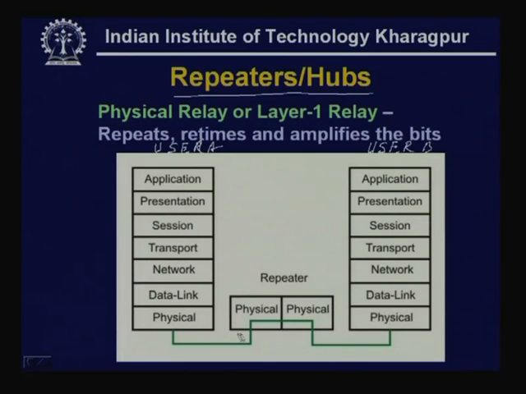So the repeater essentially performs bit by bit translation. It receives bit by bit, regenerates it, and transfers bit by bit. So it is operating in the physical layer. You can see this is connected to user A as well as to user B, and the communication is taking place in the physical layer.